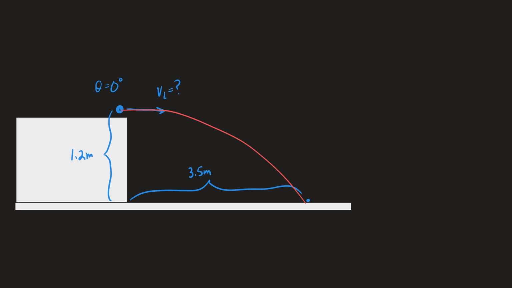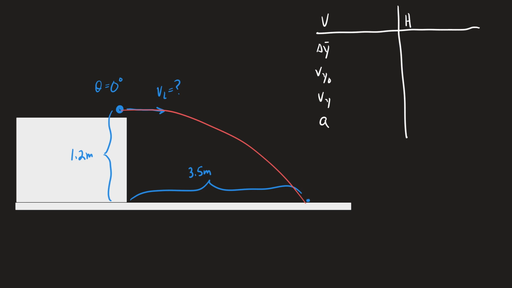Step 1, I think you should make a chart that contains the information you're going to use for this problem. I think you should have a vertical side and a horizontal side. And in that chart, you should populate it with the information you're going to use to solve the problem. Sometimes delta x is called the range too, so I want to make sure I've said that.